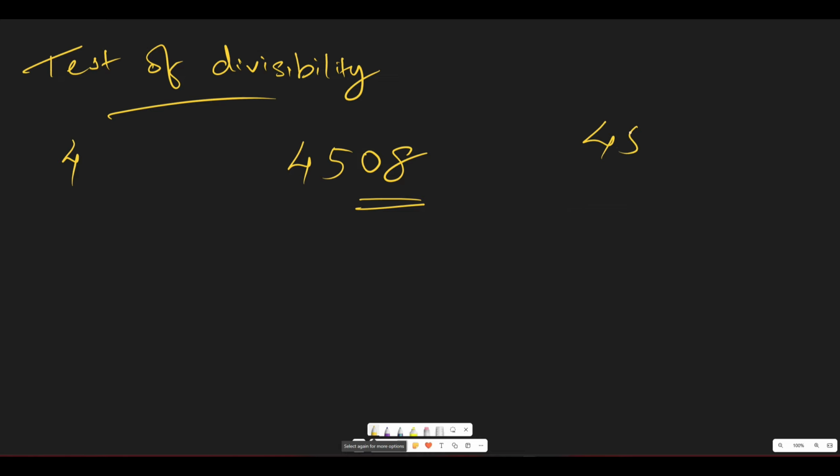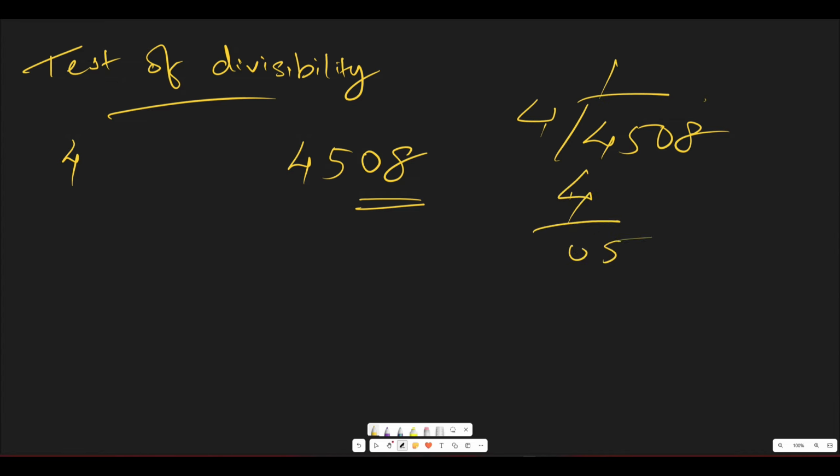So we can check like 4051, 4 times 7 is 28. Okay. So it is divisible by 4.